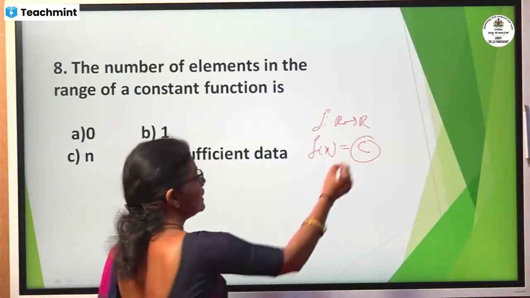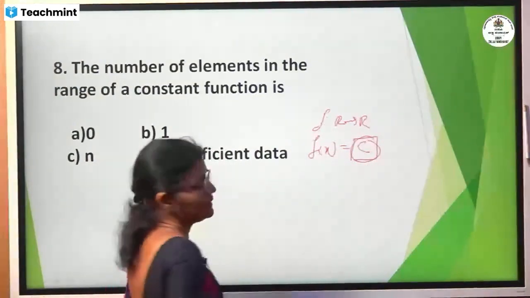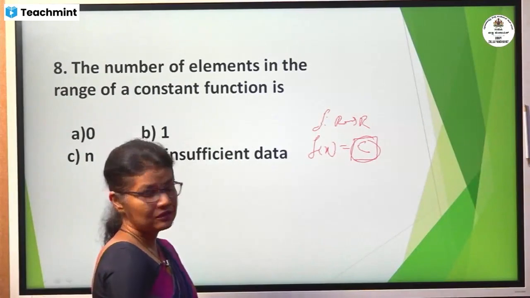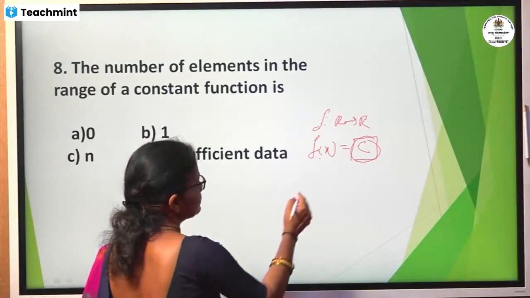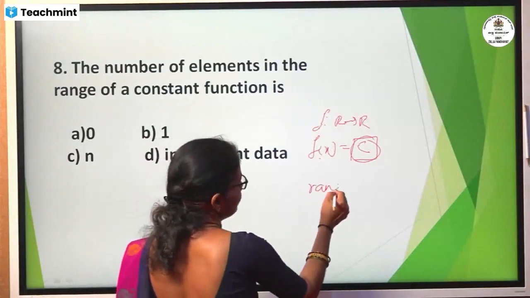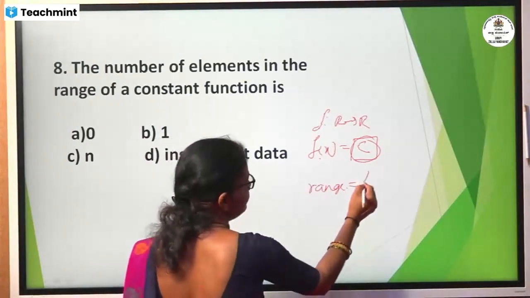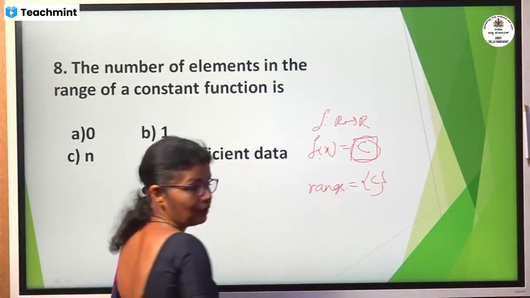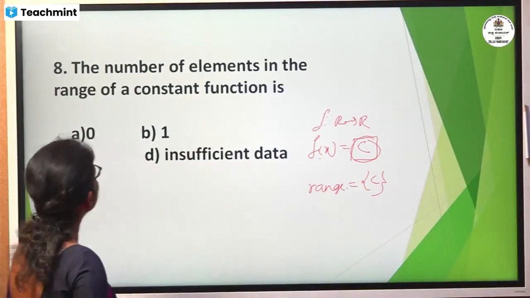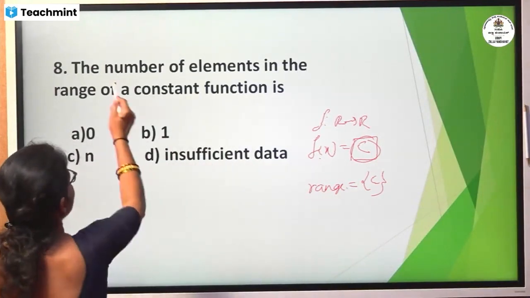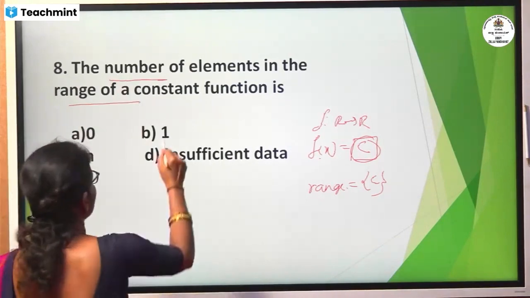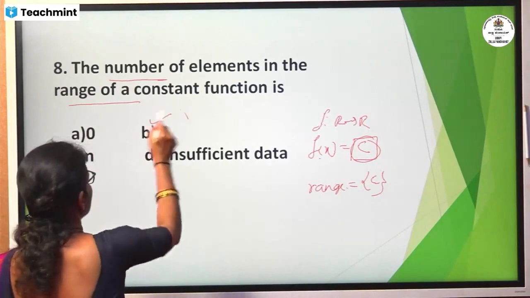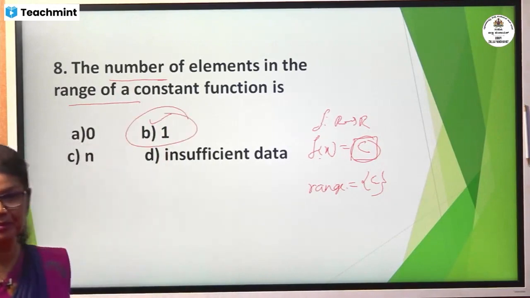So only one number we get as the value of that function. So if we consider the range of the function, we'll get only one entry in the set. So the question is the number of elements in the range of the constant function. So the number of elements is 1. So the answer option is B.